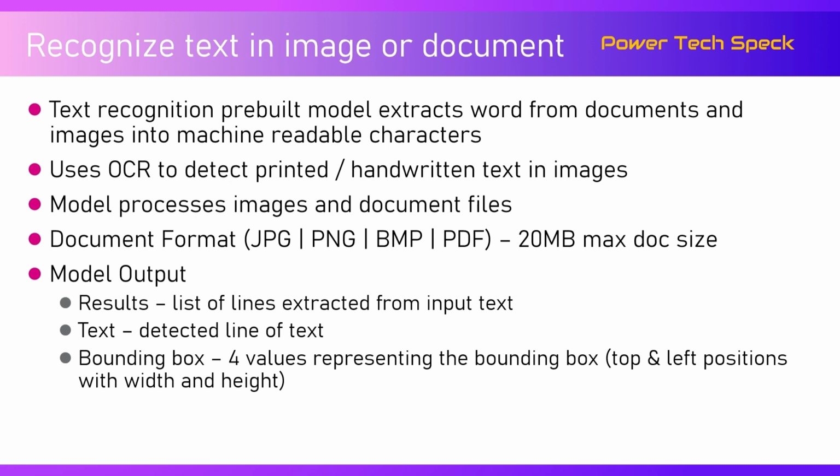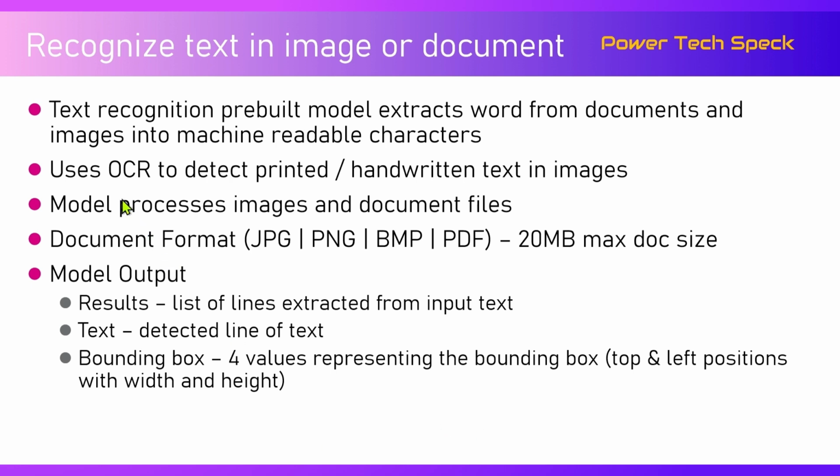It uses optical character recognition, so it looks at the shape of the image, tries to identify the equivalent character, and then gives you a complete set of the document.